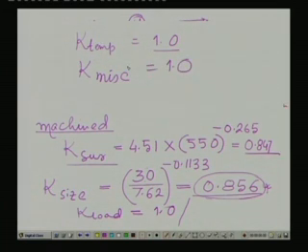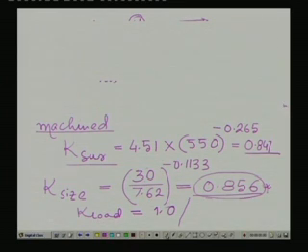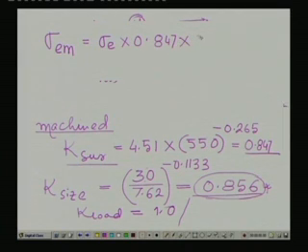So ultimately, the endurance limit for the machine member comes out to be the endurance limit for the material multiplied by 0.847, multiplied by 0.856, multiplied by 1, multiplied by 1.